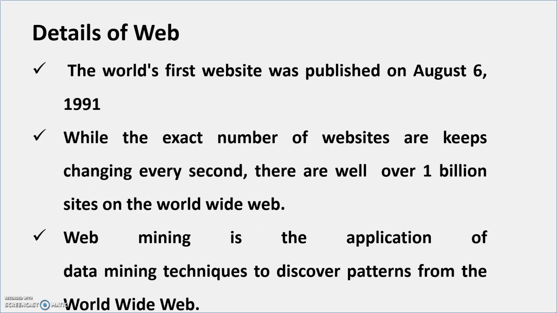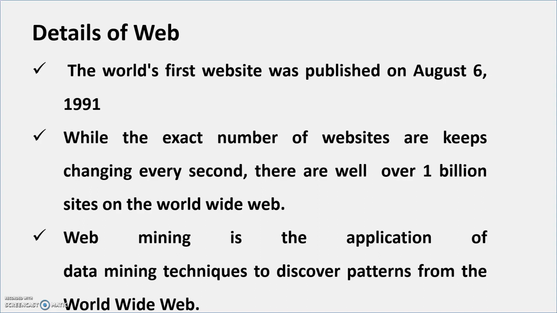Users keep uploading their websites and increasing their web pages, right? The exact number of web pages we cannot count, but there are approximately over 25 billion sites on the world wide web right now in 2020.